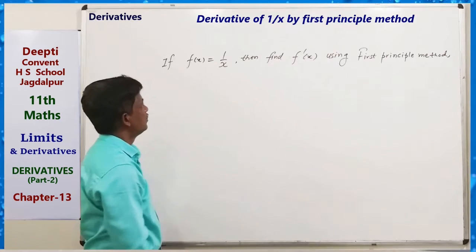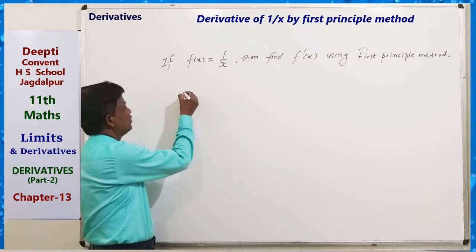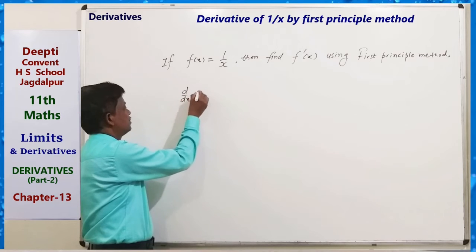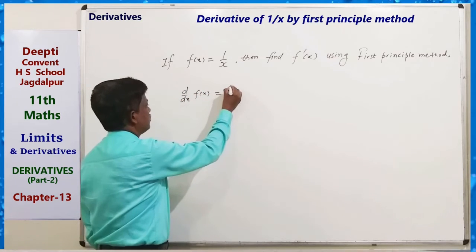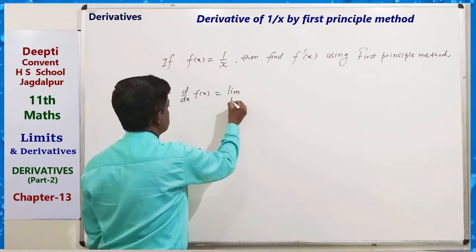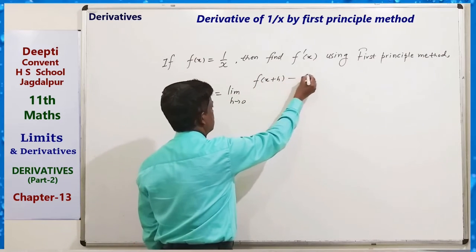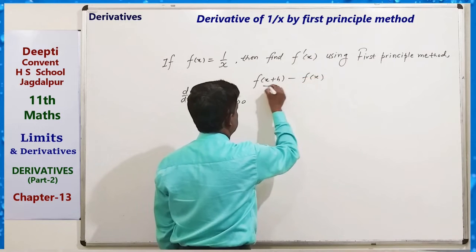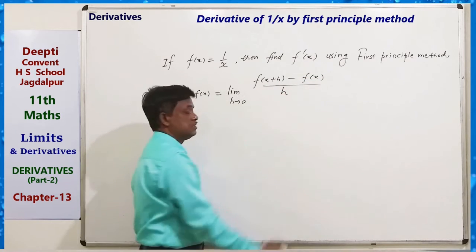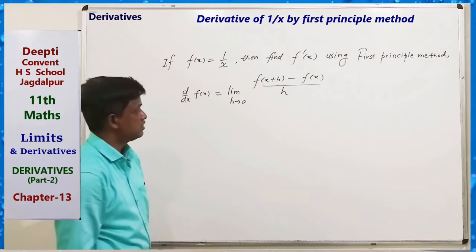So dy/dx of f(x): we know what the definition is. Limit h tending to 0, f(x plus h) minus f(x) upon h. This is the general definition, the first principle method.